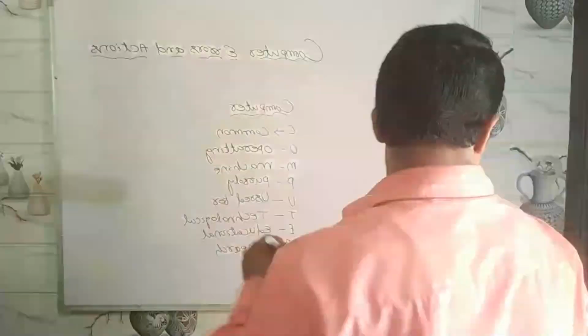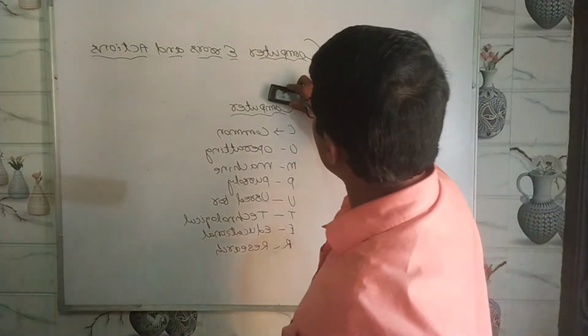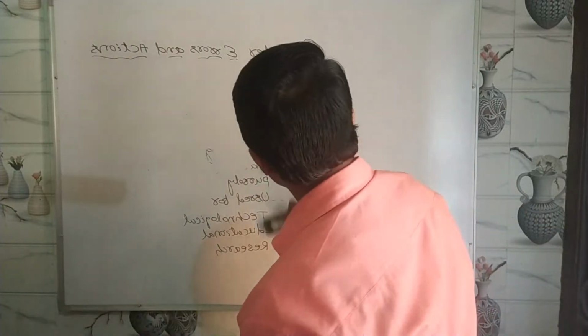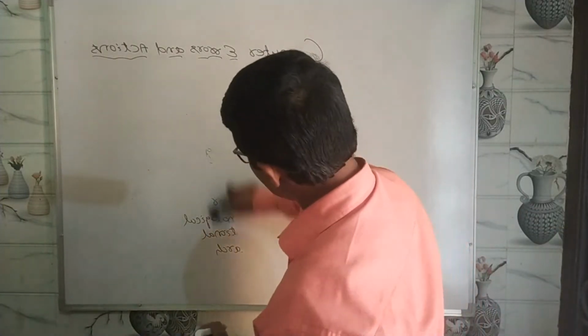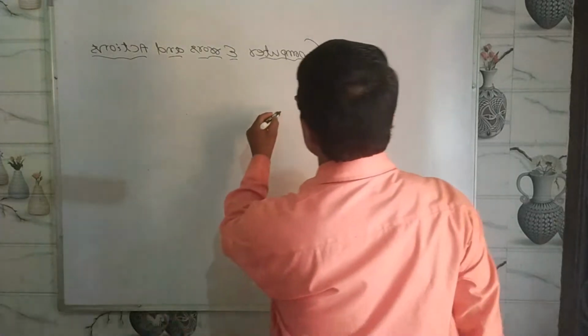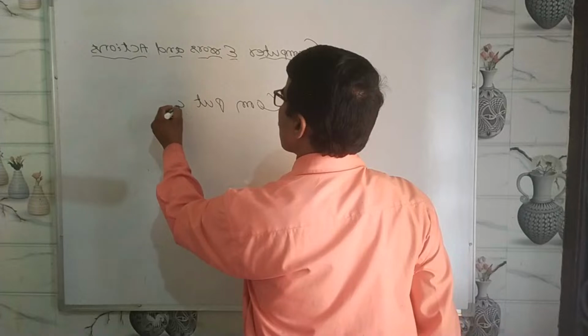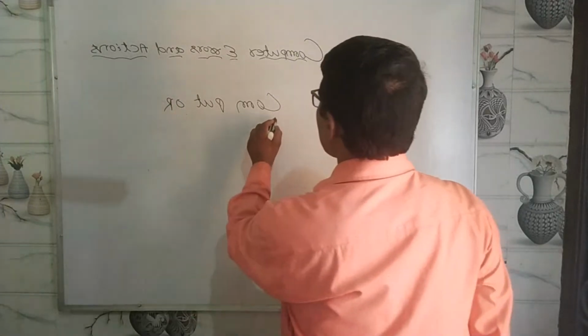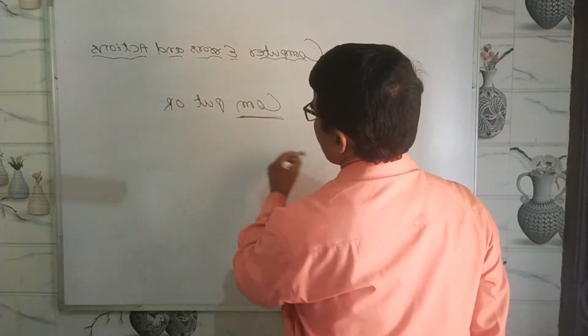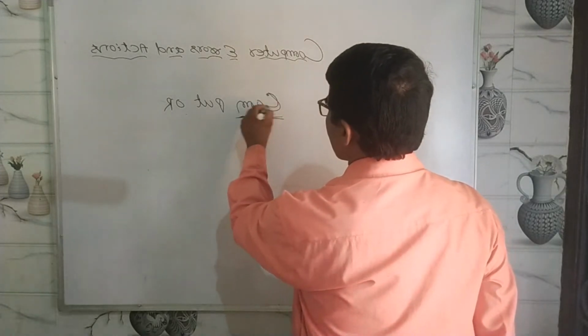This is a computer. Commonly we may say it like this: COM, put, or come to the device, the electronic device.